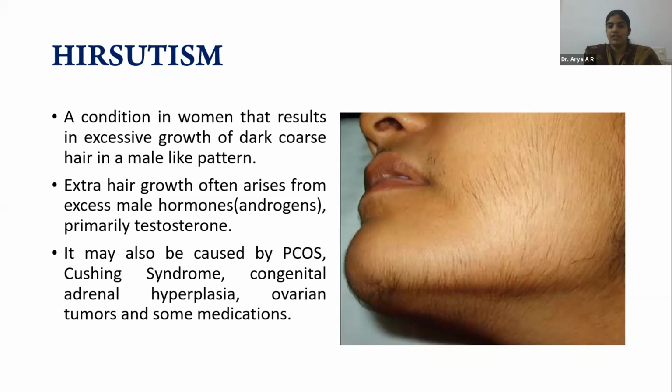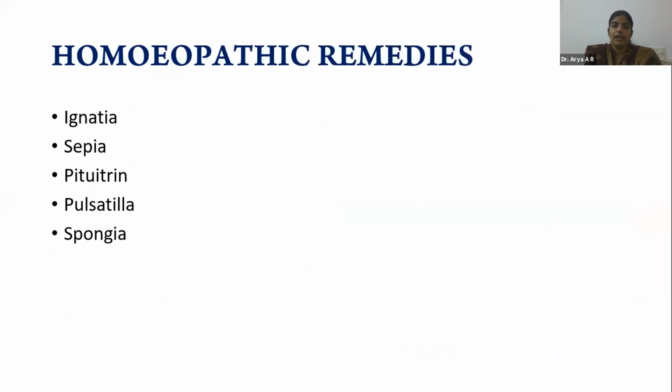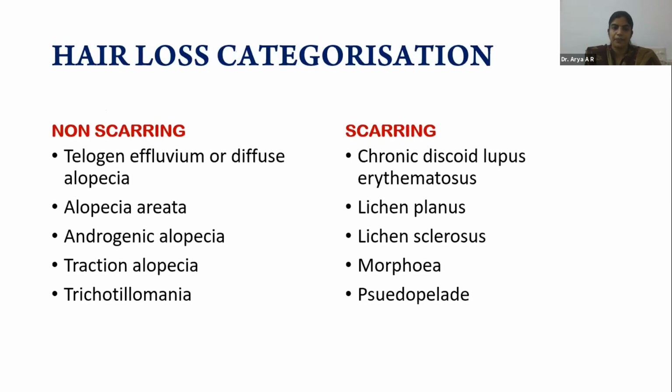So first of all, we should find out the underlying cause for this condition and treat that condition. When that condition is cured, this hirsutism itself will retard its growth. Also some other medicines like spongia and pituitrinum are helpful in treating this hirsutism condition.